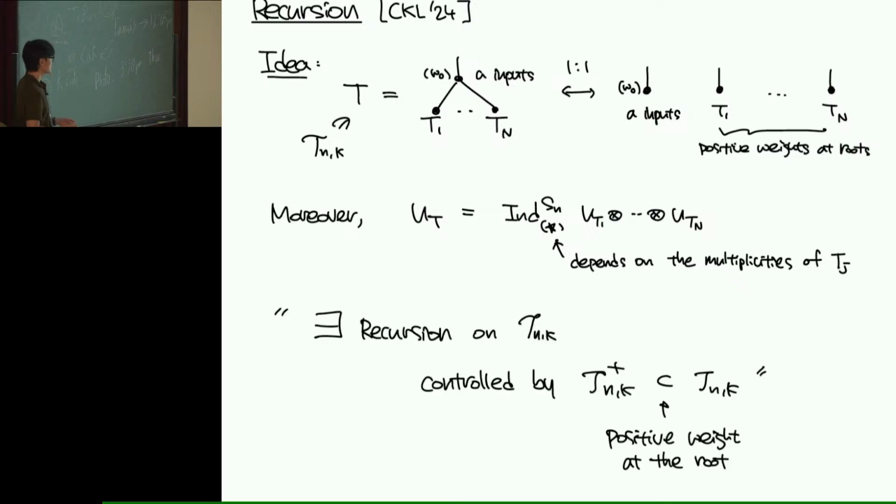So using this, we can say that the recursion on this set is controlled by the subset, which has a positive weight at the root. The reason why we're considering only this set is these parts are allowed to have only positive roots, as I said in the defining conditions.